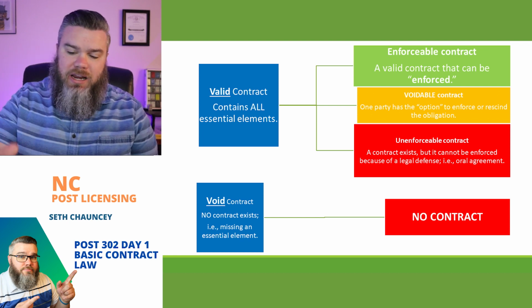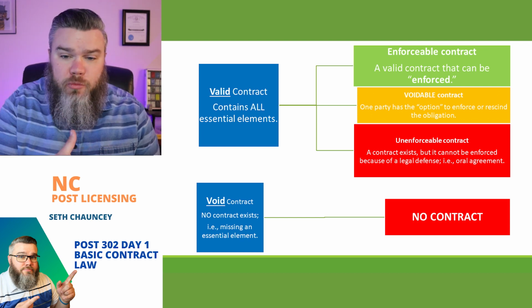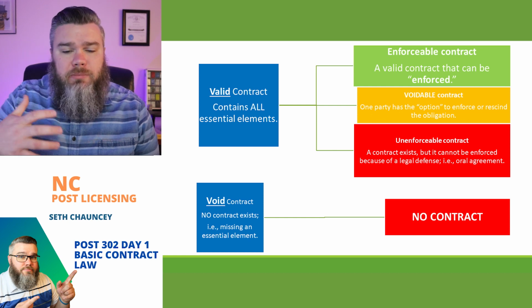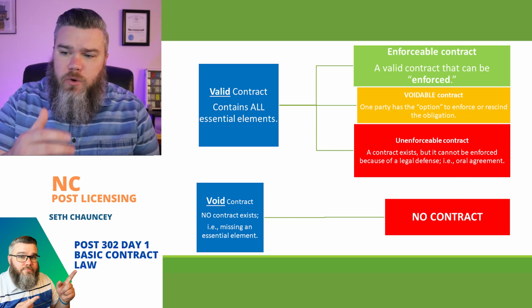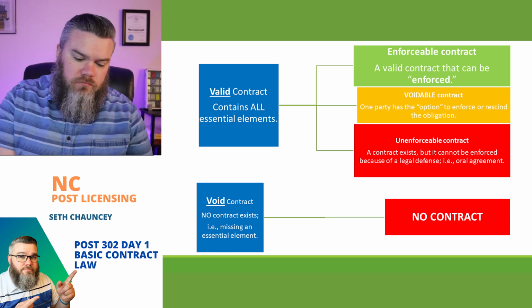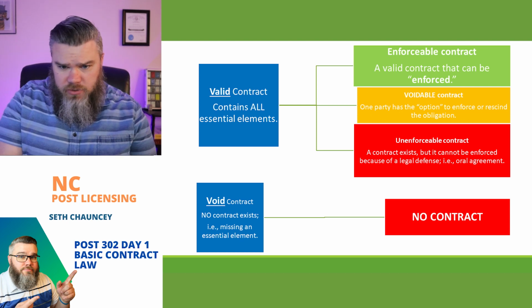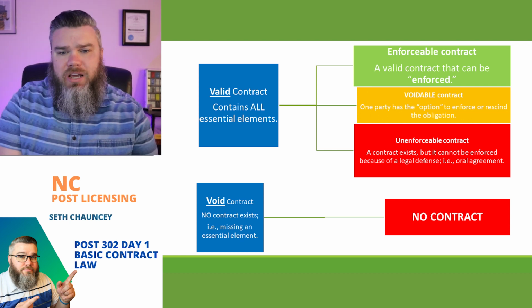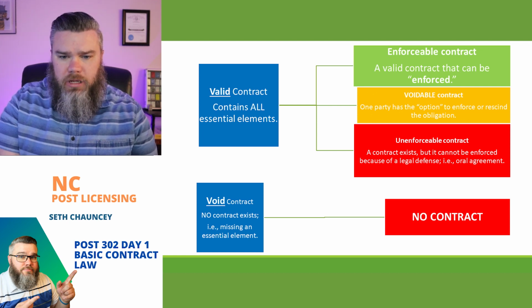Now here's why I said that a valid contract is presumably enforceable, but not guaranteed to be enforceable. If you had a contract, let me just use Dale as an example, okay? I say, Dale, I'd like to buy your house for $800,000. You okay with that, Dale? Dale says yes.